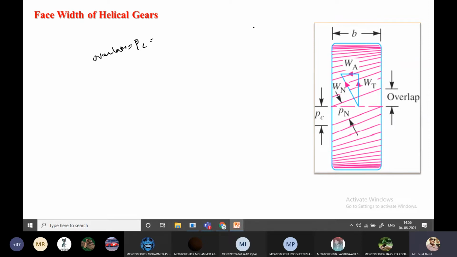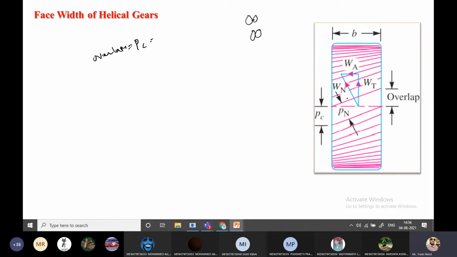Why am I calling it overlap? Because if we observe the spur gear, always only one pair of teeth is in contact. But in the helical gear, more than one pair of teeth are in mesh at a time, because the teeth are in an inclined position. To achieve this condition, the overlap should be at least equal to the circular pitch.